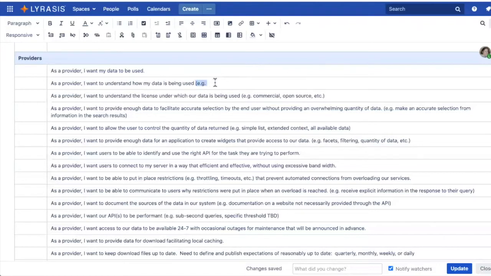I still don't connect very well with this point, because linked data is basically open to the world, and if I need to understand for every customer how they use my data, that sounds almost impossible, especially in our field, the ISNI database.